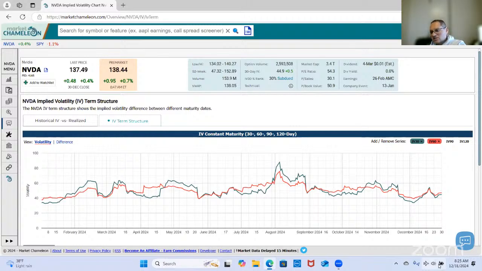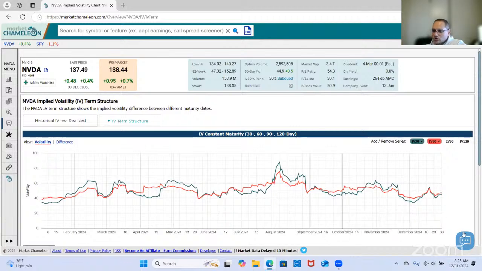The red one is the 60-day. And we see that they do cross each other. Sometimes the 60 days above the 30, sometimes the 60 days below the 30. And sometimes they grow wider apart, like over here. A lot of times they're closer together.